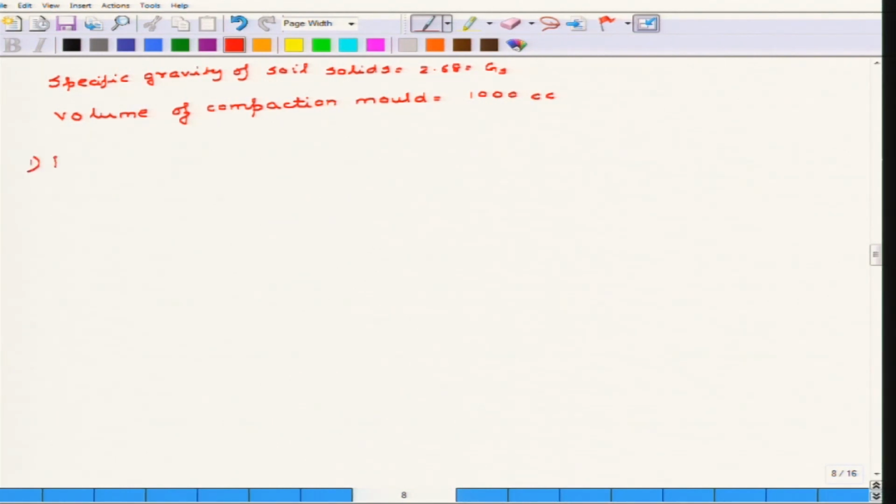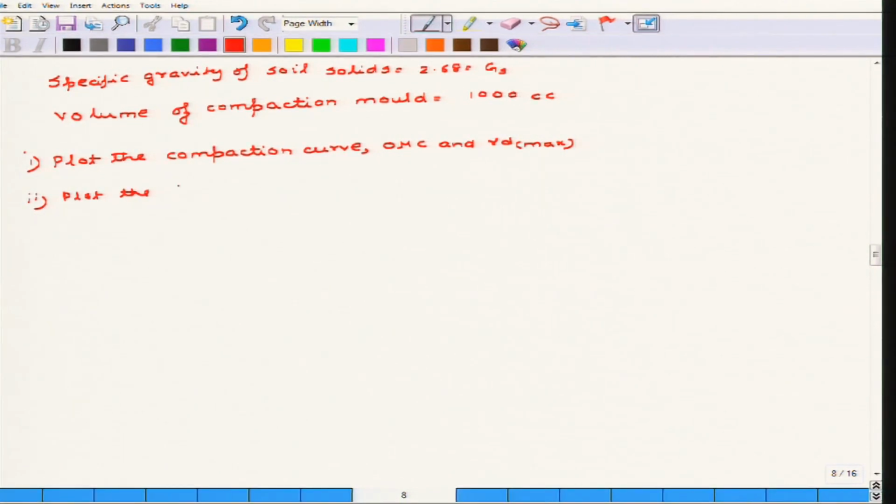The first question is again to plot the compaction curve and find out the OMC and gamma d max, the optimum moisture content and the maximum dry density. In the second part, it is asked to plot the 0%, 5% and 10% air void curves. This is the thing that we have covered in the previous question.